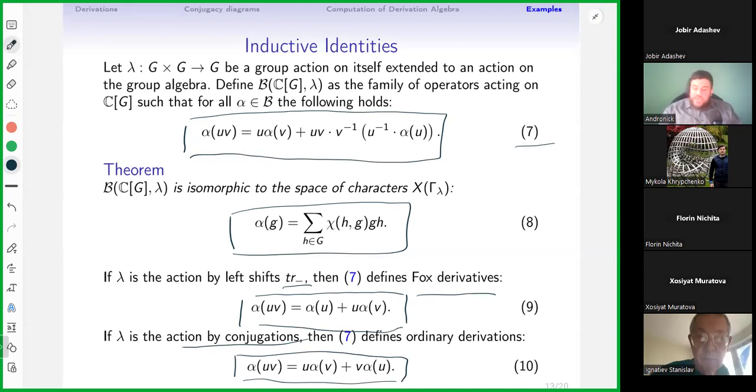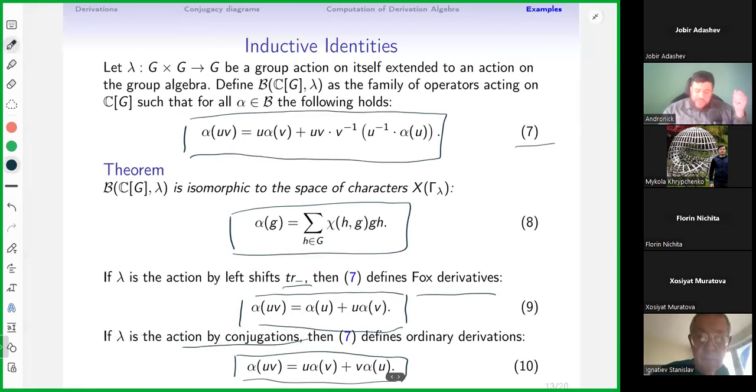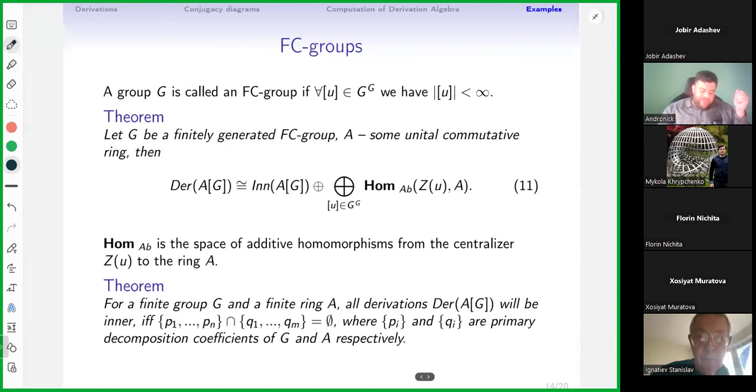They were investigated by Fox for calculating, and they're rather famous, as I know. I think that you can find other examples, but I didn't find such other interesting families of inductive identities, except one, sigma tau derivations, but I'll talk about them a little bit later.